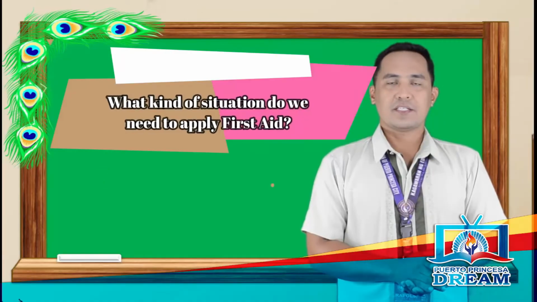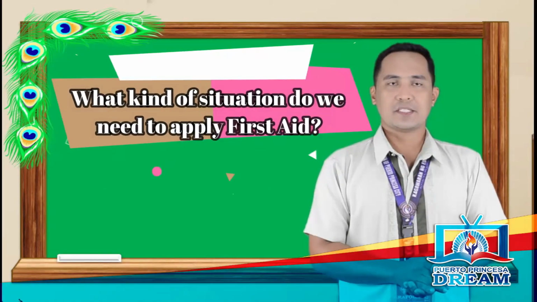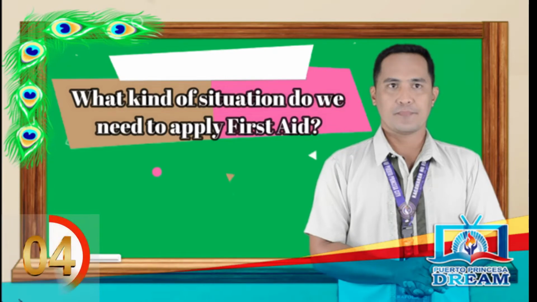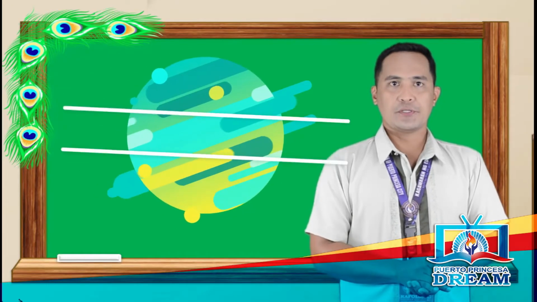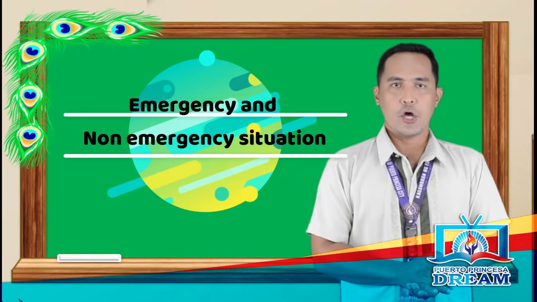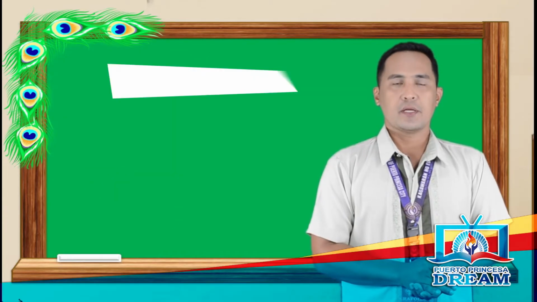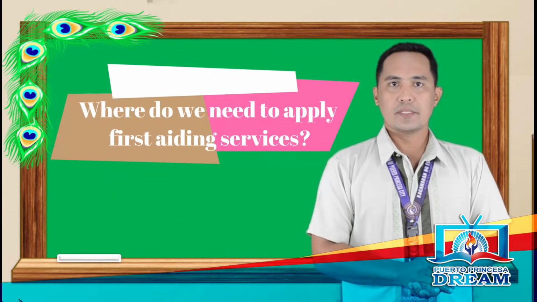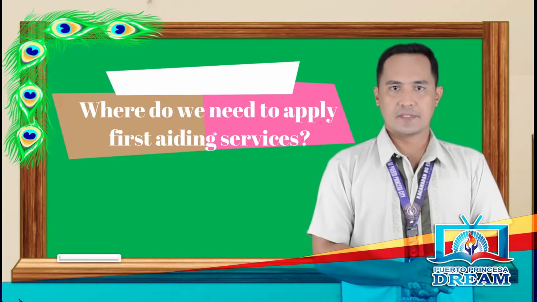First to tackle is the question, what kind of situation do we need to apply first aid? If you answered both an emergency and non-emergency situation, your answer is right. Second, where do we need to apply first aid services?